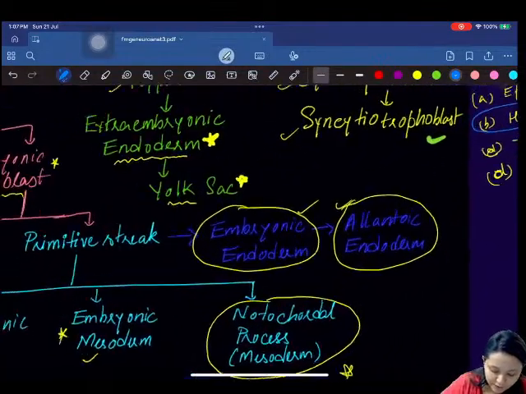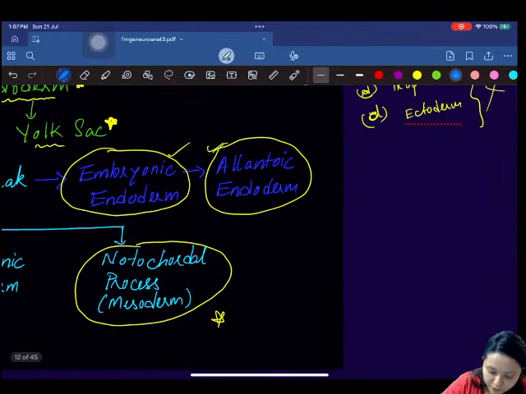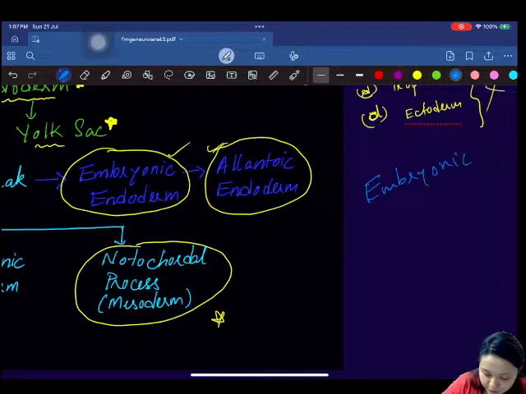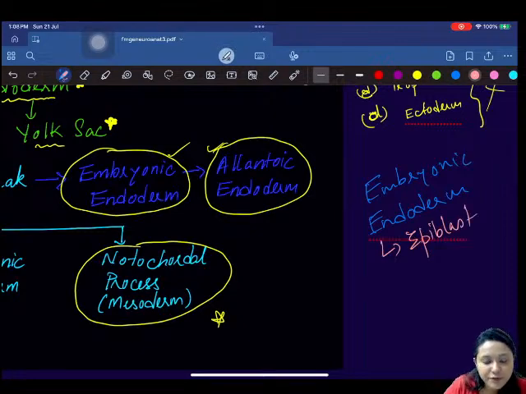And the next question will be on the embryonic endoderm. If they ask about embryonic endoderm, this is from your epiblast. So don't come with a doubt. Many students used to come to me with a doubt that, ma'am, you told that epiblast gives rise to ectoderm, endoderm and mesoderm, so we marked the answer as epiblast.